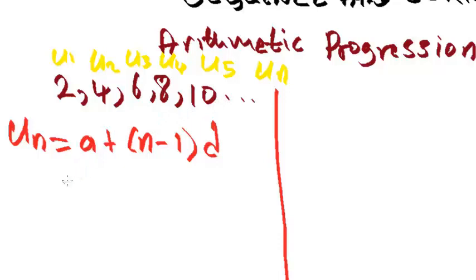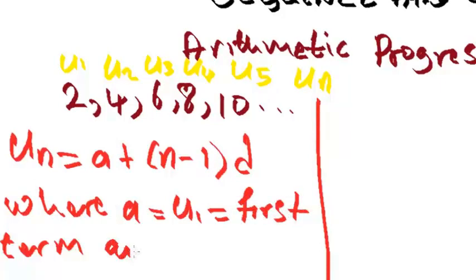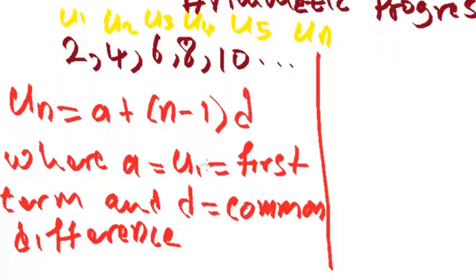The a represents the first term, where a is equal to U1, which is the same as the first term. And d is equal to the common difference. So that means that if I know the value of a and I know the value of d, then I can find any term at all that I want to.